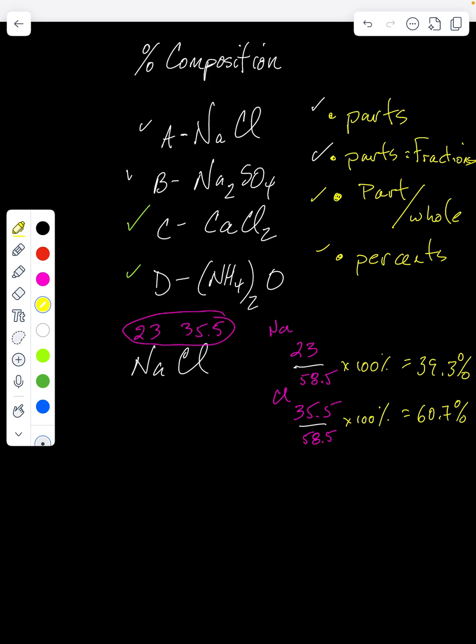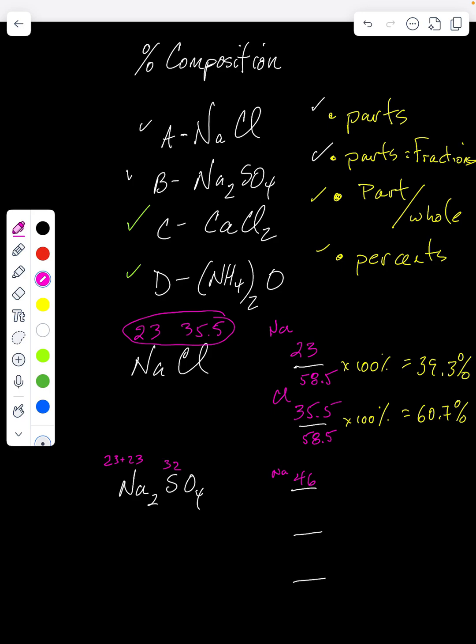Let's apply it towards the next one, which is sodium sulfate. So Na2SO4. So there are 3 parts. There's a sodium part, there is a sulfur part, and then there is an oxygen part. When I get these masses, this is 23 plus 23. So for sodium this time, it's 46.